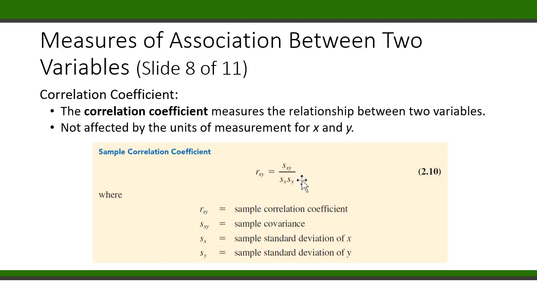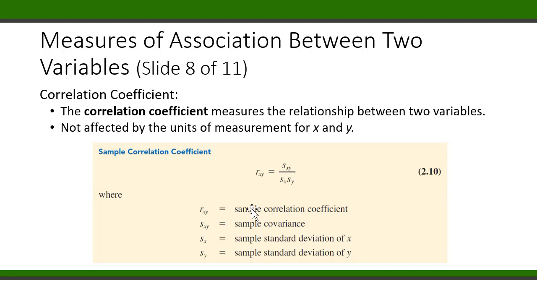So the correlation coefficient measures the relationship between variables, and it's not affected by the units of measurement for x and y. The way that's done, and you've probably seen it as r sub x y, we have the sample covariance, which is in the top or the numerator, divided by the multiplication of the standard deviation of x times the standard deviation of y.